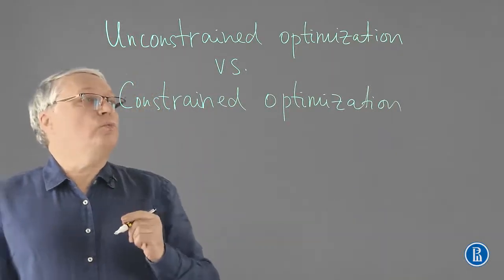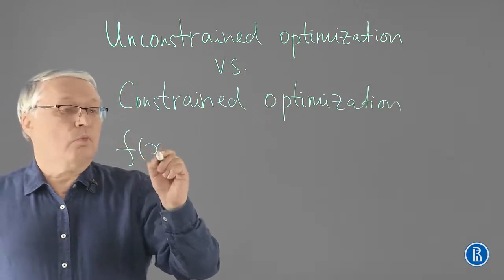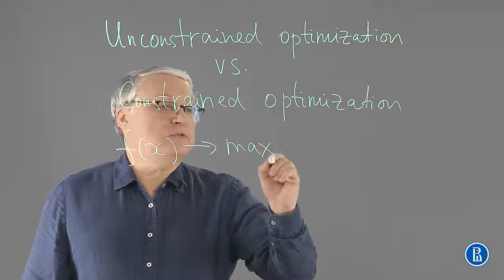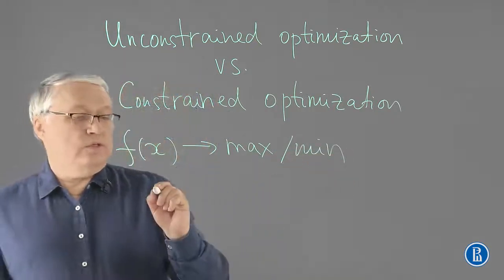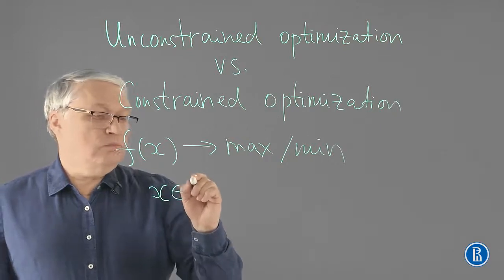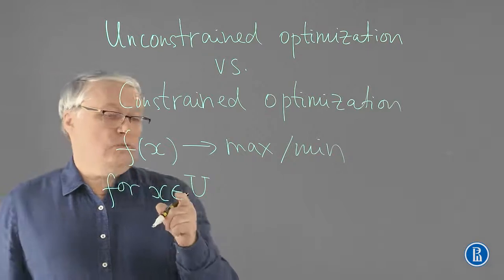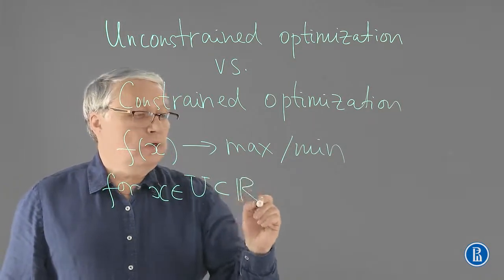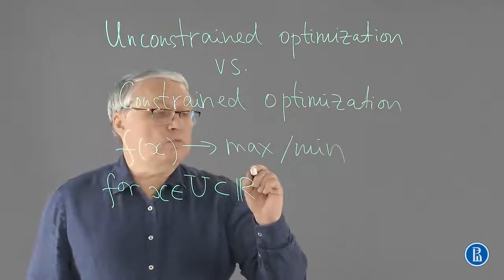In unconstrained optimization problems, we deal with a function which we are trying to either maximize or minimize on what set? Usually it's a domain. So for x belonging to U, where U is a set either open or sometimes closed from Rn.